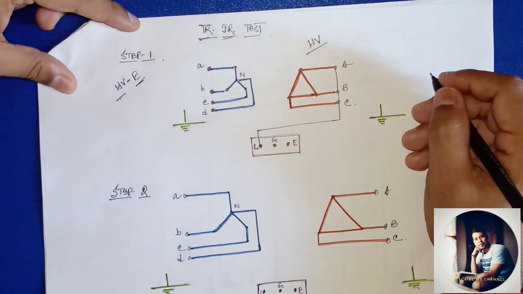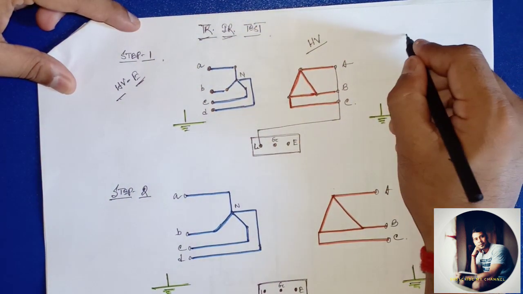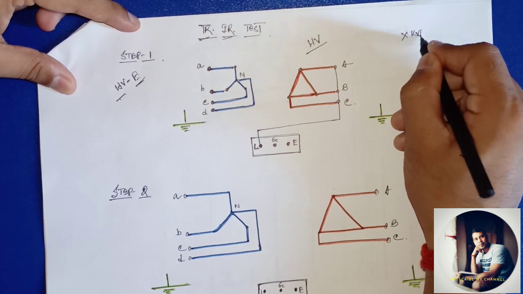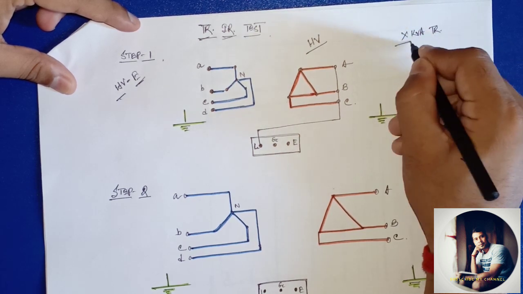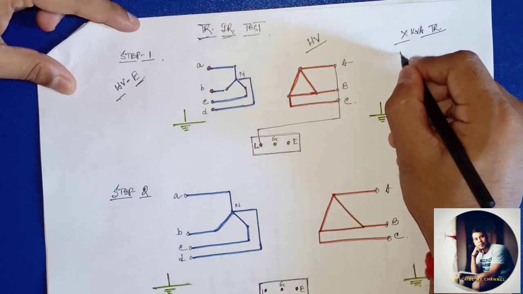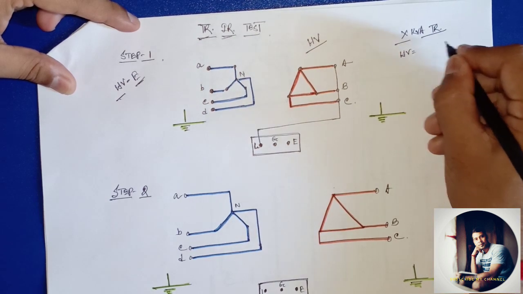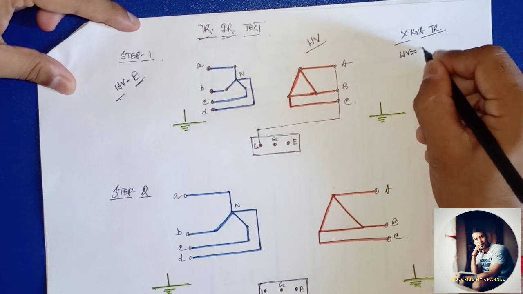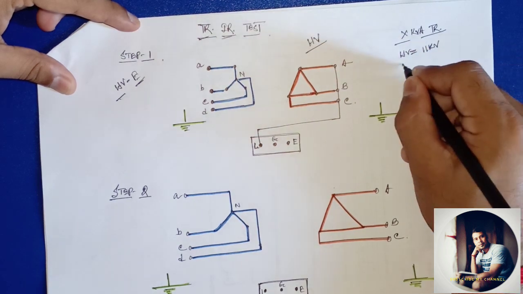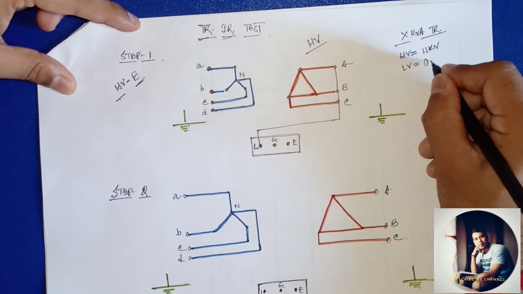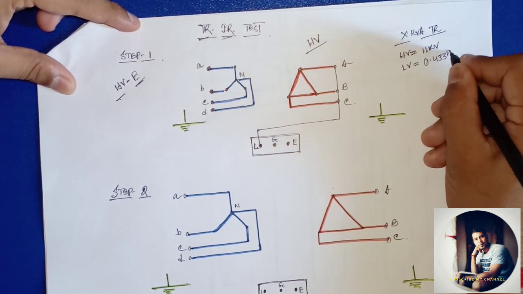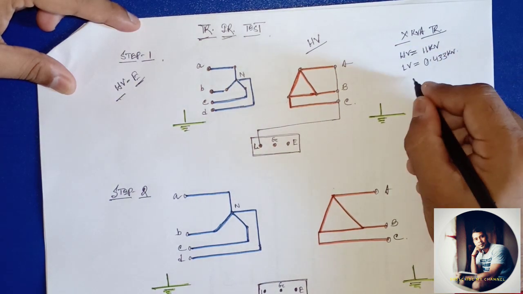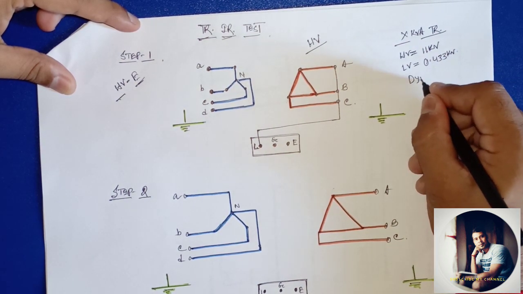Suppose say there is an X kVA transformer whose primary voltage, HV side, is 11 kV, LV side 0.433 kV, and vector group is DYN11.